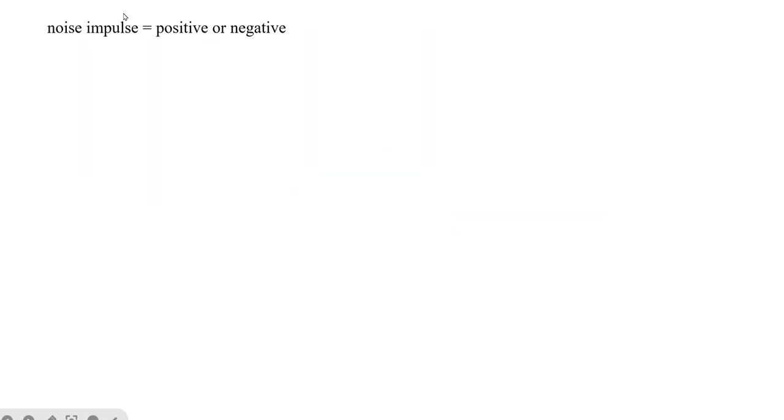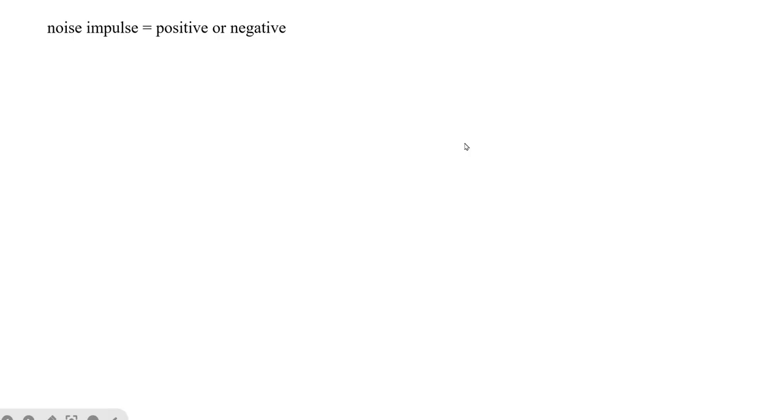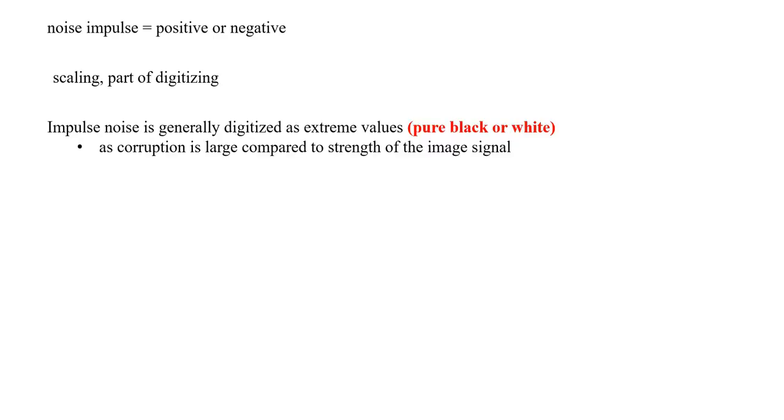So these noise impulses may be positive or negative, and scaling is a part of the image digitizing process. As impulse corruption is usually very large compared to the strength of the image signal, the impulse noise is generally digitized as extreme values.